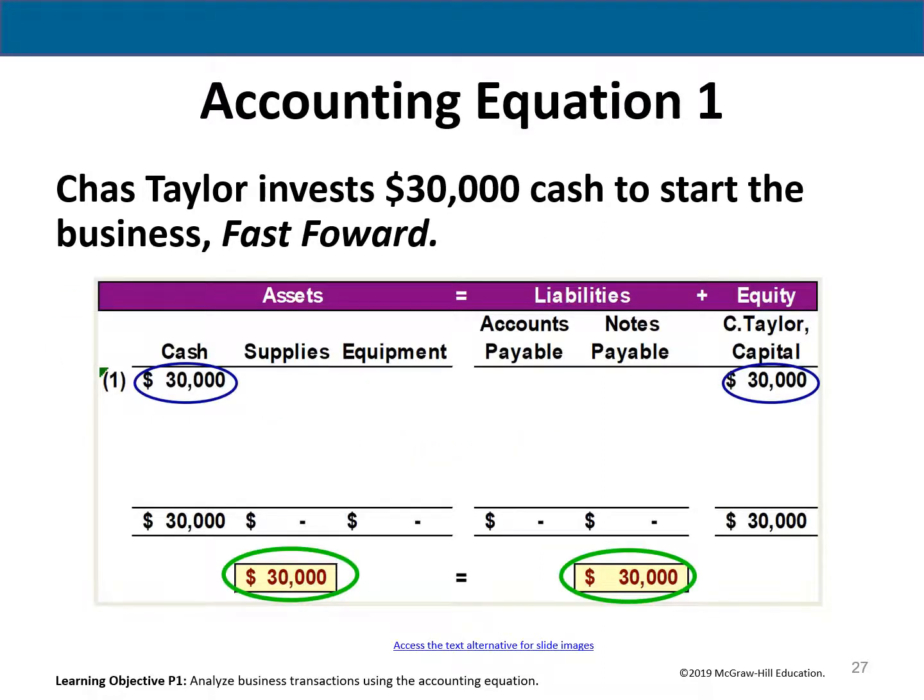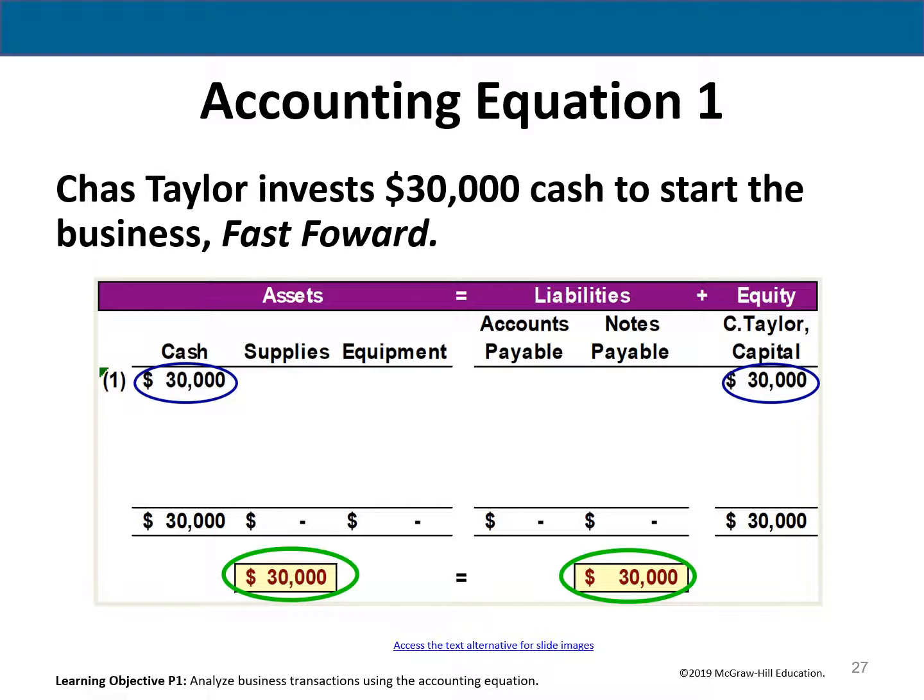So there's the spreadsheet. We have assets, a cash column, supplies column, and equipment. Those are the three assets that Chase Taylor is going to have in his business. On the liability side, we have accounts payable and notes payable. We talked about those. And then the equity, he has one column so far, C. Taylor capital.